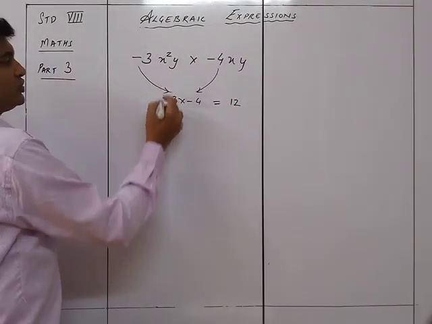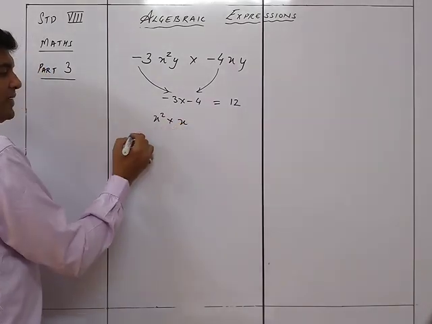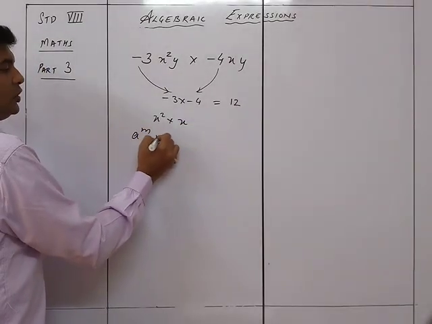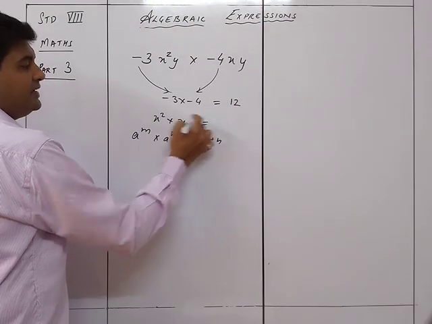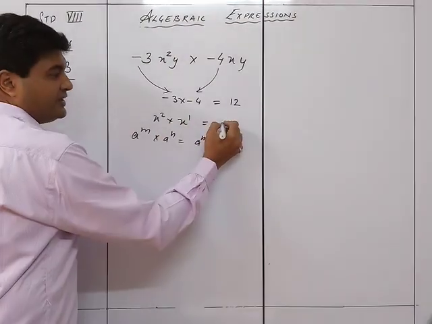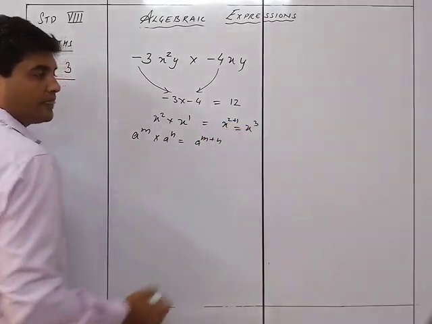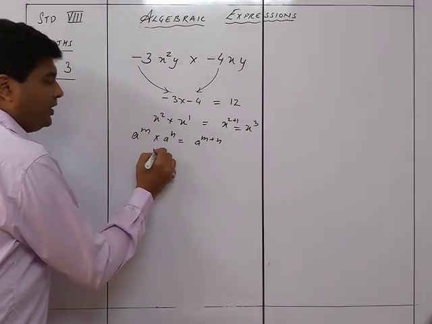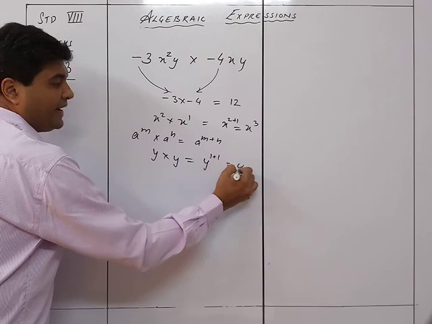The next is about x square and x. So x square into x. We are going to use the formula a raised to m into a raised to n is equal to a raised to m plus n. So here it is nothing but x raised to 2 and x raised to 1. So it is x raised to 2 plus 1 is equal to x raised to 3. Similarly, y into y will be equal to y raised to 1 plus 1 is equal to y square.